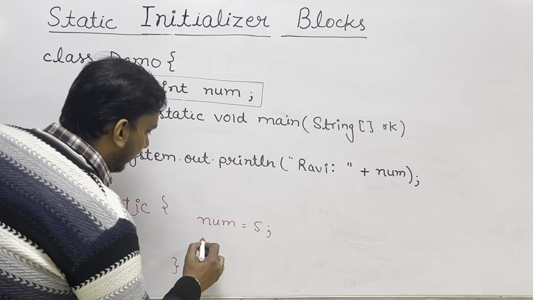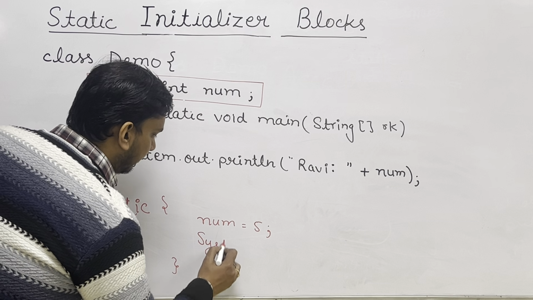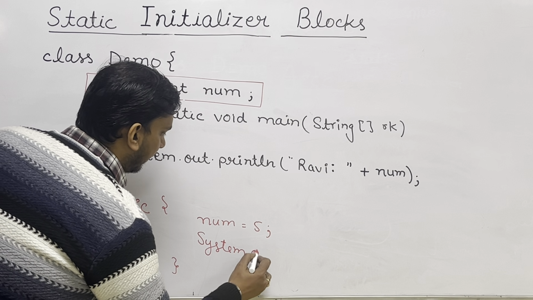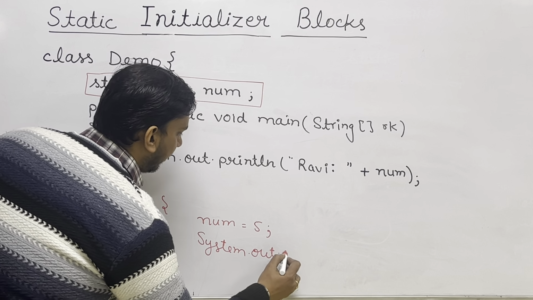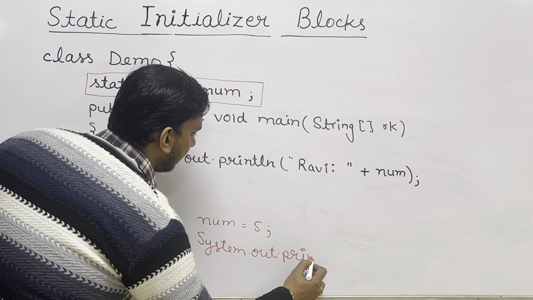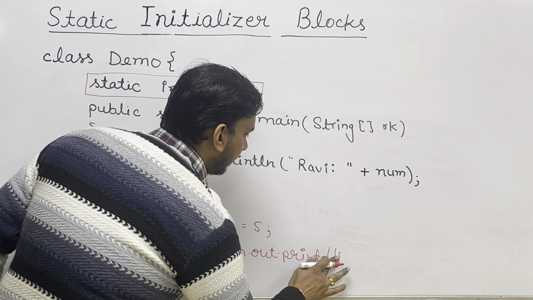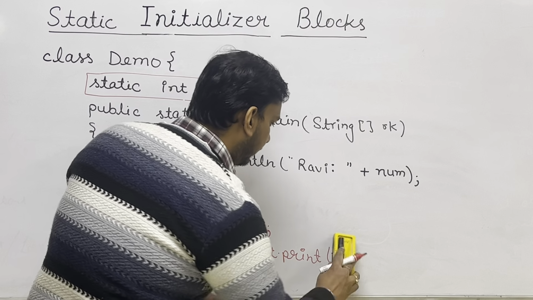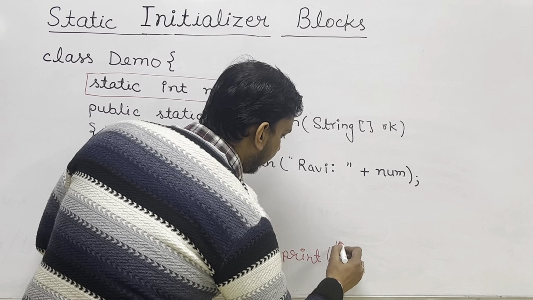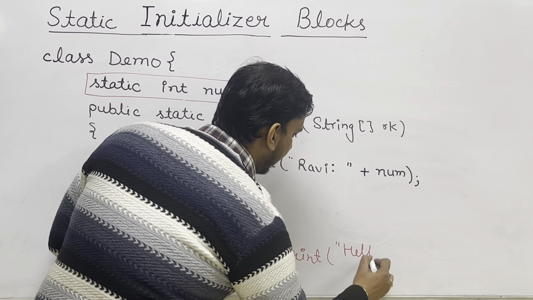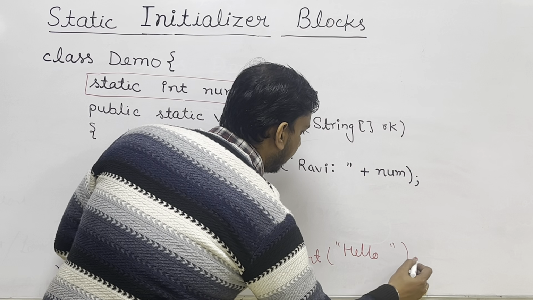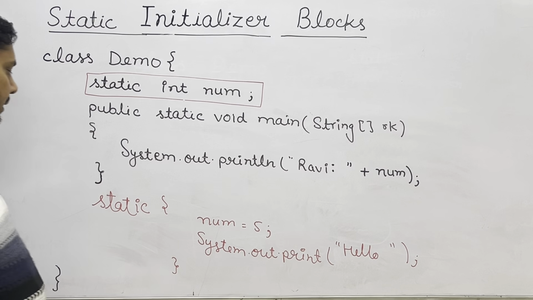If I print here System.out.print and I am writing hello. So, now this is your static block.